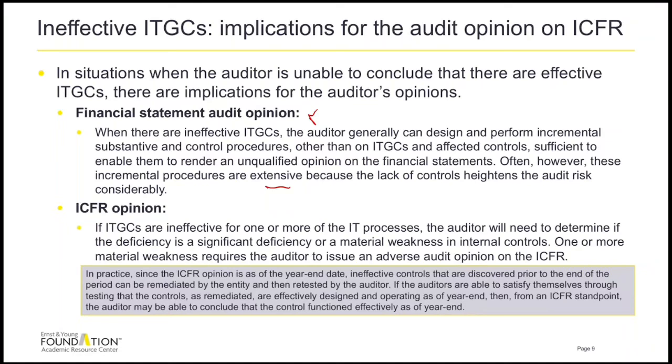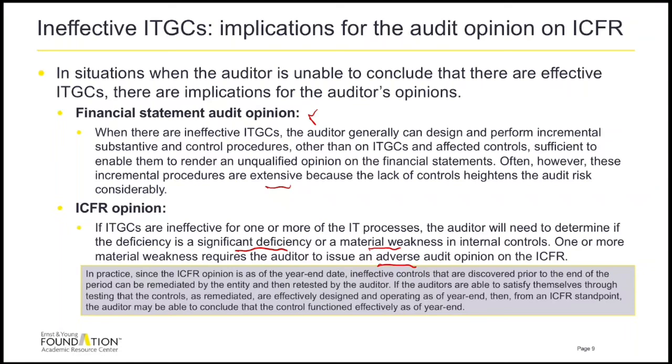And on the ICFR opinion, if the ITGCs are ineffective for one or more of the IT processes, the auditor will need to determine if the deficiency is a significant deficiency or a material weakness in internal controls. One or more material weakness requires the auditor to issue an adverse audit opinion on the ICFR.